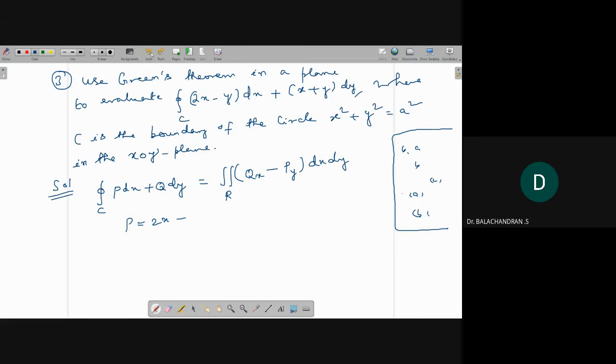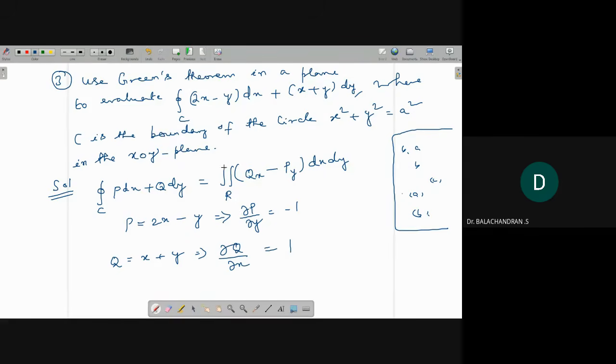If anybody got the answer, you can tell. I'm waiting for your answer. Dou P by dou y is minus 1. Q equal to x plus y, so dou Q by dou x is also 1.